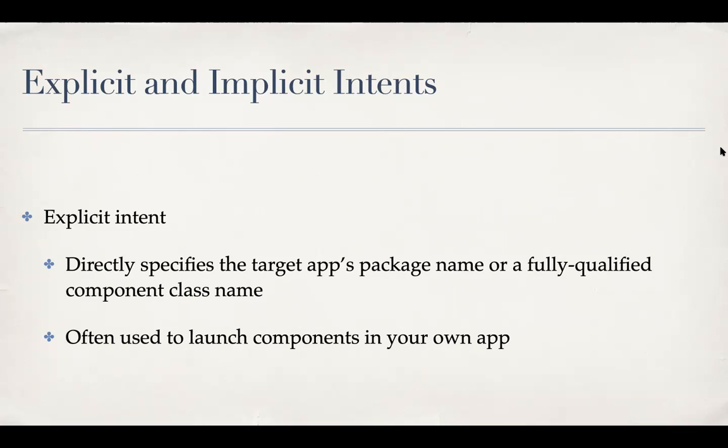But if you don't know that, which is the case with almost all other apps that you have not developed, or those are not open source, you would have to use something else. So explicit intents basically specify the exact component, like an activity, to handle this particular intent.